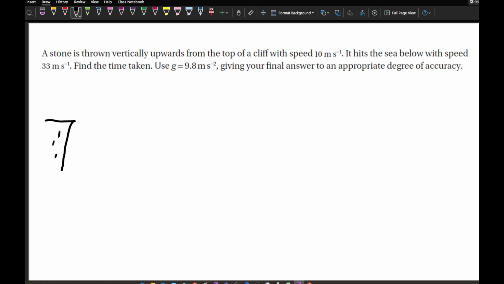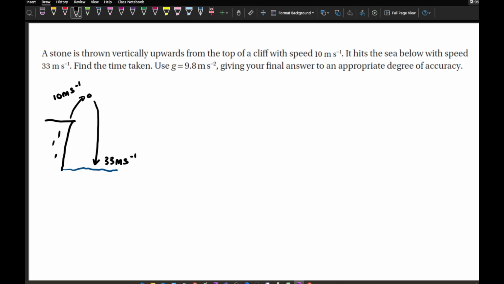So here is my cliff. We've got the water below, and this stone is being thrown up, and then it comes back down. So we know that the initial speed in which it's taken off is 10 meters per second, and we know that the speed in which it hits the sea is 33 meters per second.